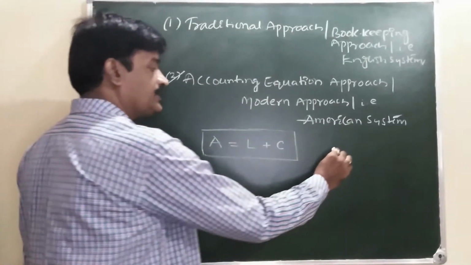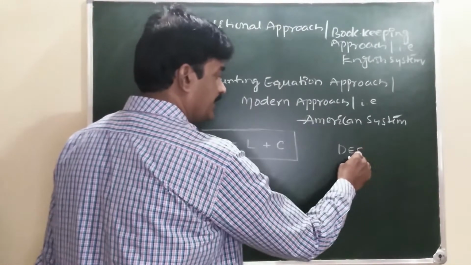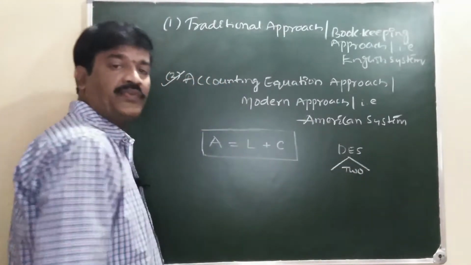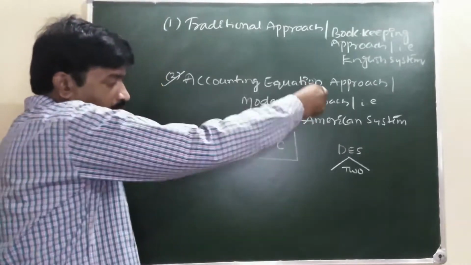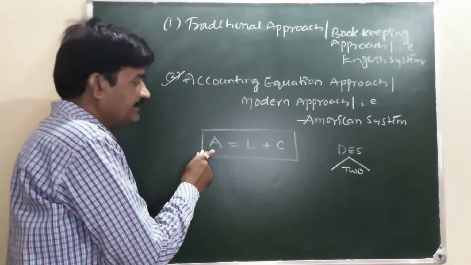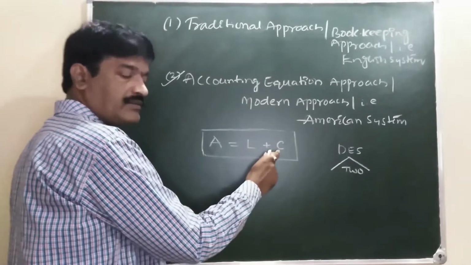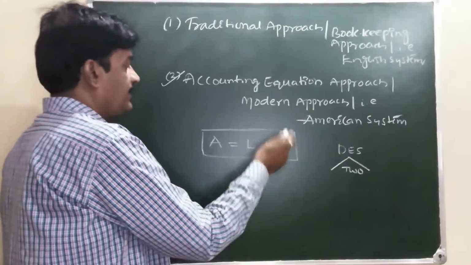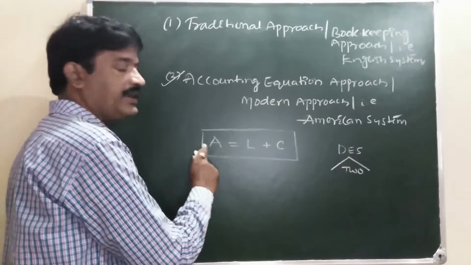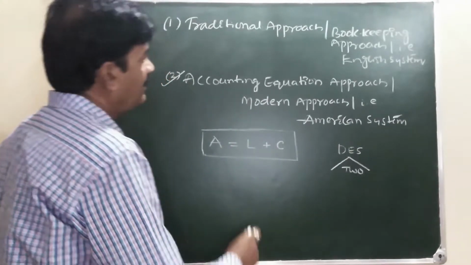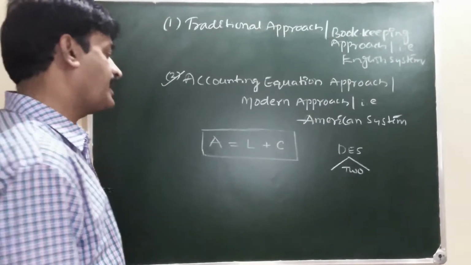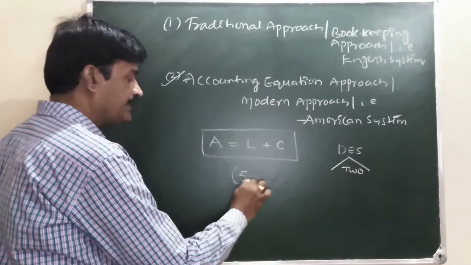The double entry system states every transaction has twofold effects. These twofold effects change assets, liability or capital in such a way that the accounting equation is complete and equated. Under this approach, the total accounts are classified into 5 types.